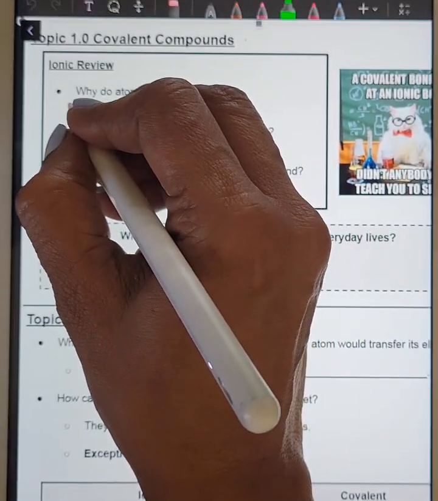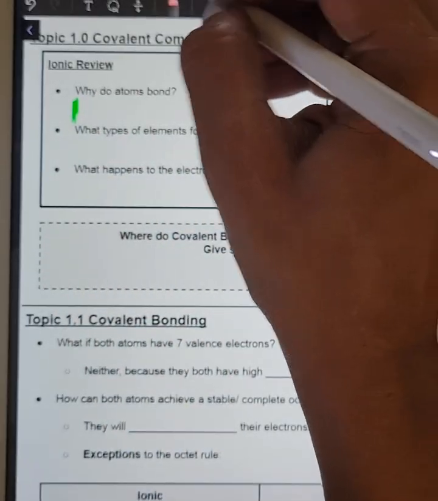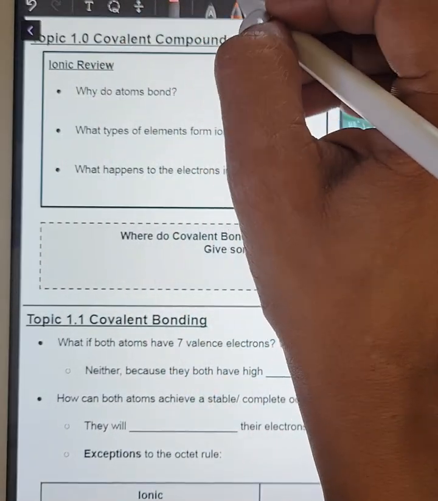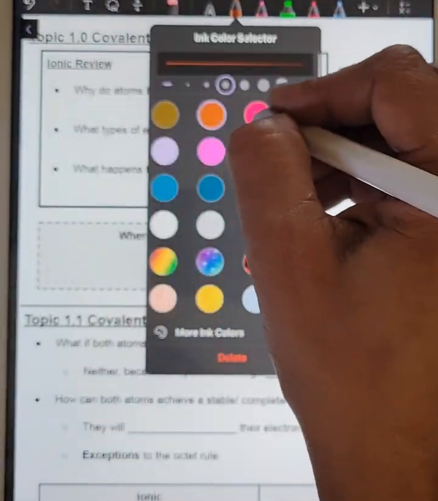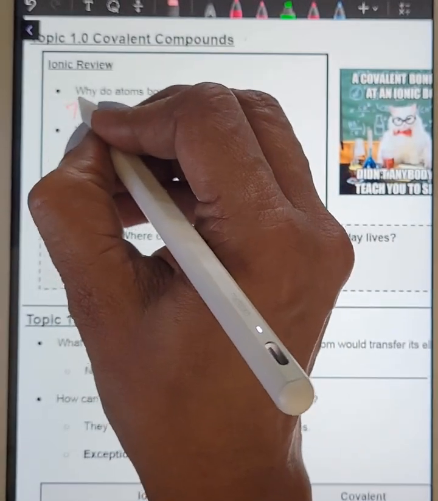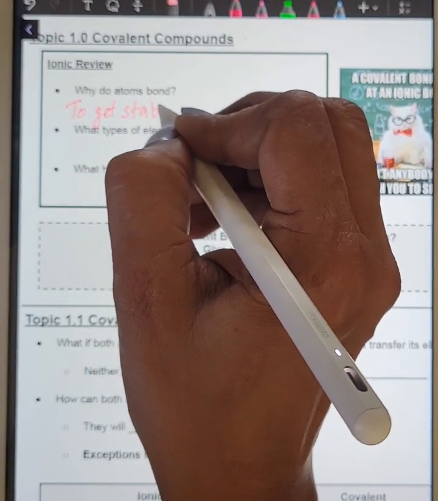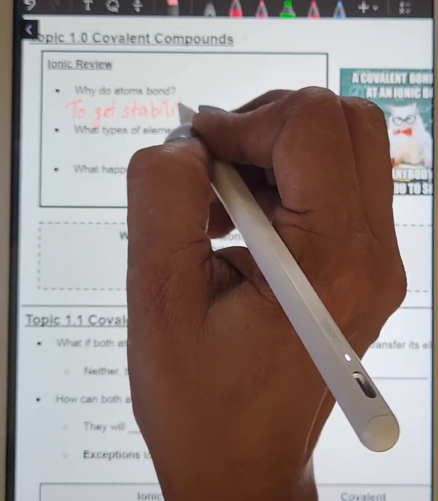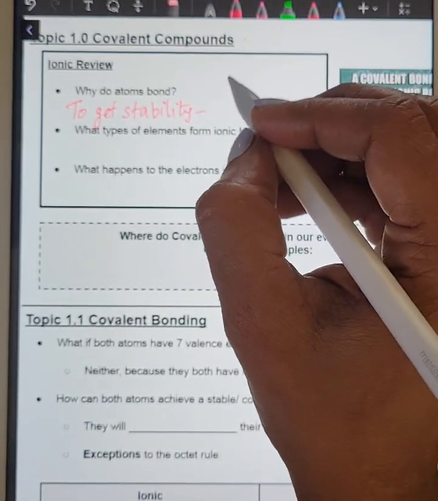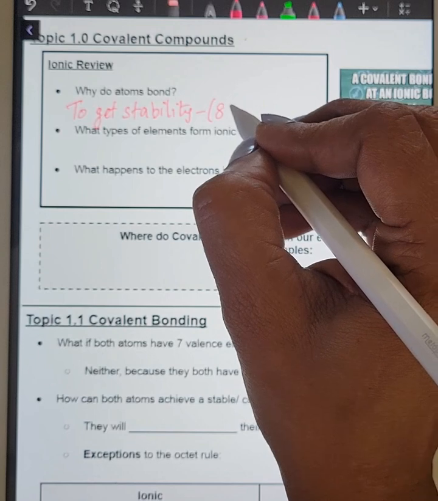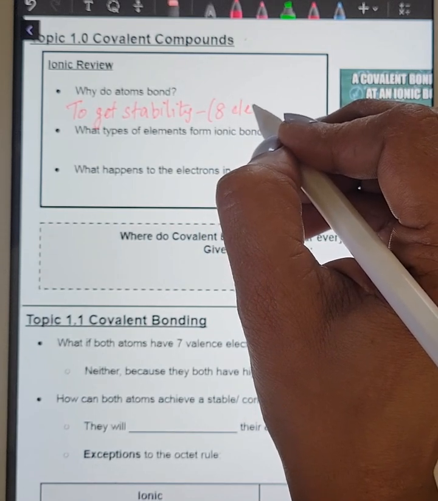So to get stability, normally for S and P block elements, we know that it needs 8 electrons.